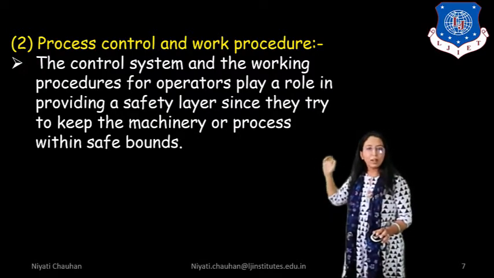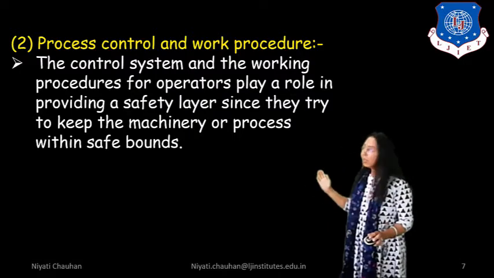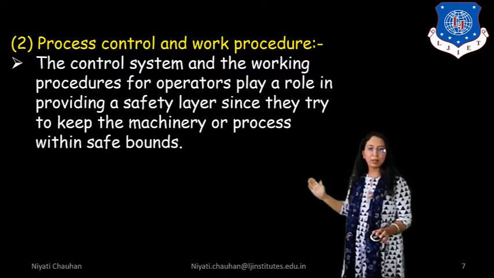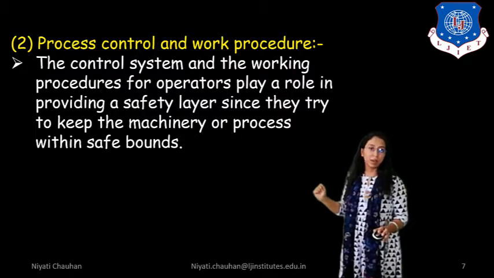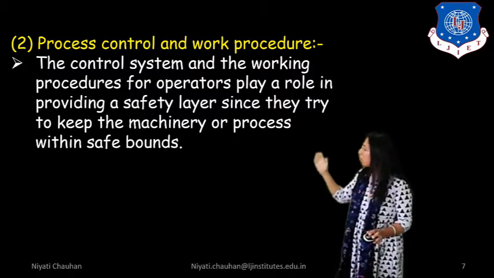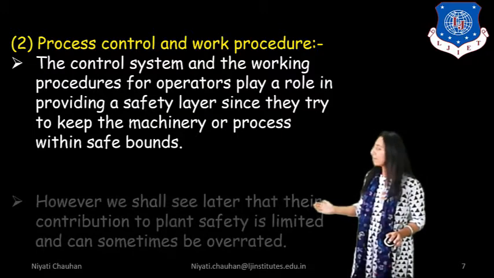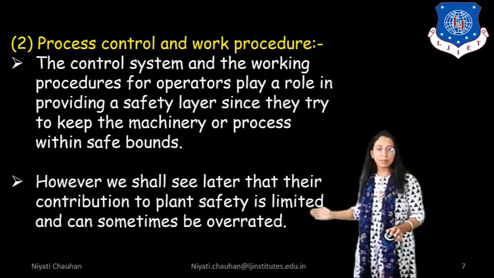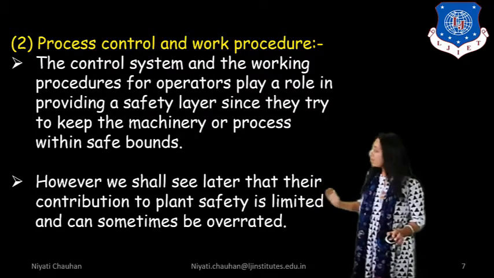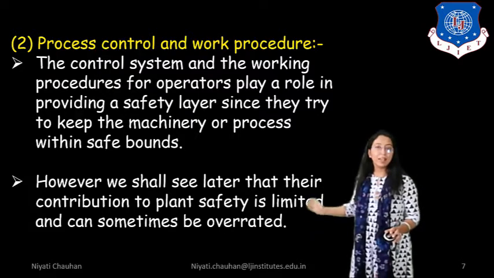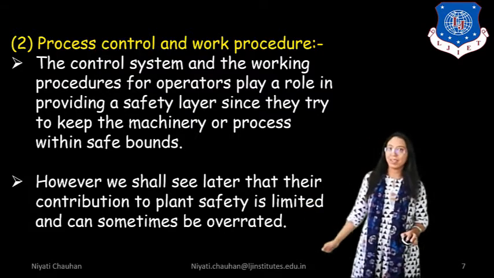So the control system and working procedure for the operator play a role in providing safety, right? And it's an important role of the operator. However, we shall see later that their contribution to plant safety is limited and can sometimes be overrated.